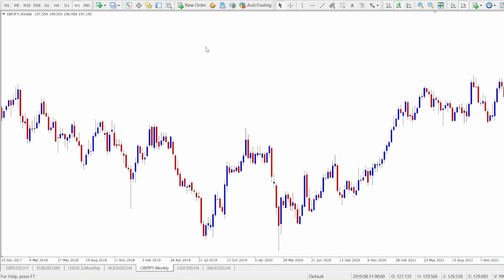So for example, in order not to take so much time, I'm just going to use this as an example, although this is not a perfect scenario. We can see that we are having higher highs here, right? And at the same time, we had a lower low here, right?